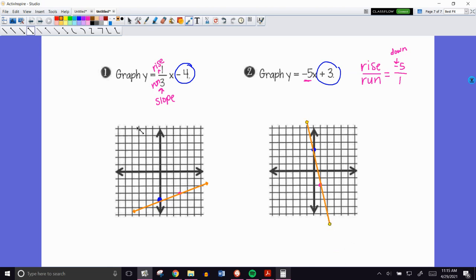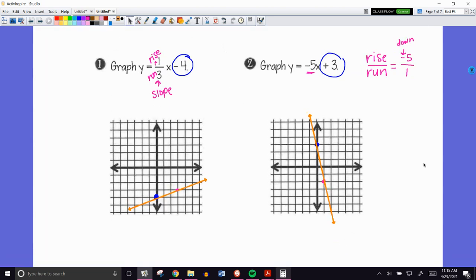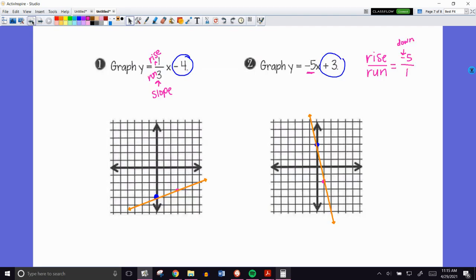And there's my graph. Okay, for the last two, number 3 and number 4, I would like you to try them on your own.